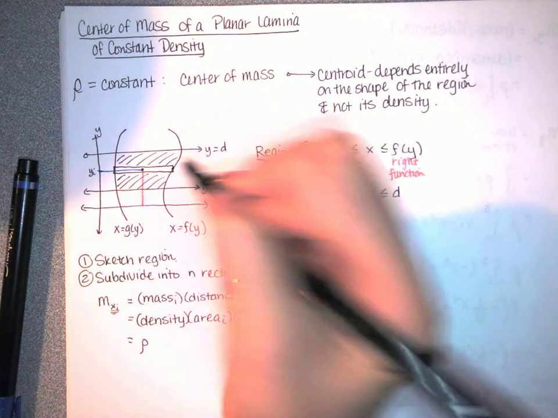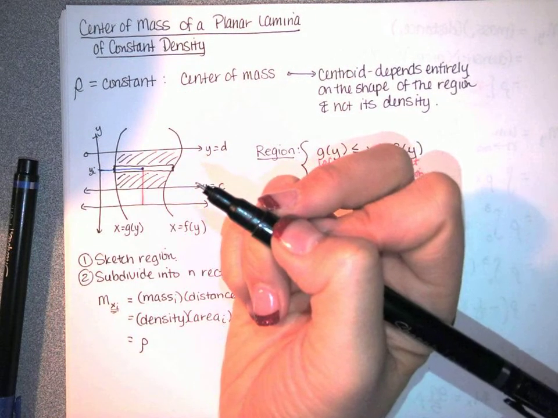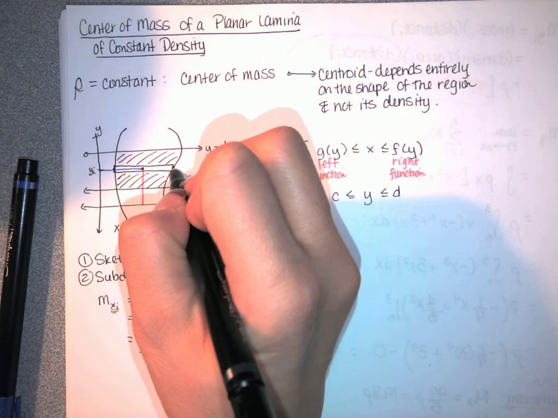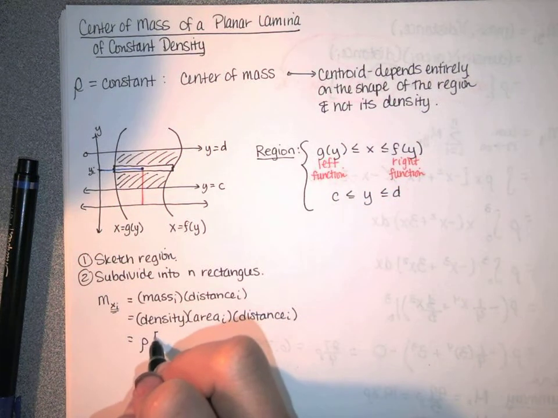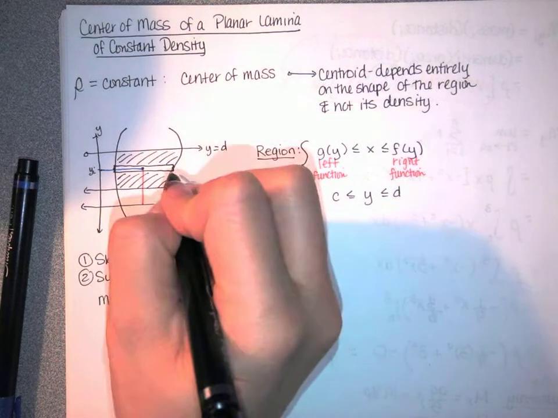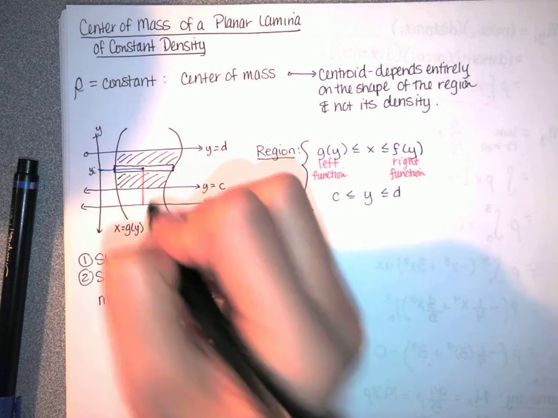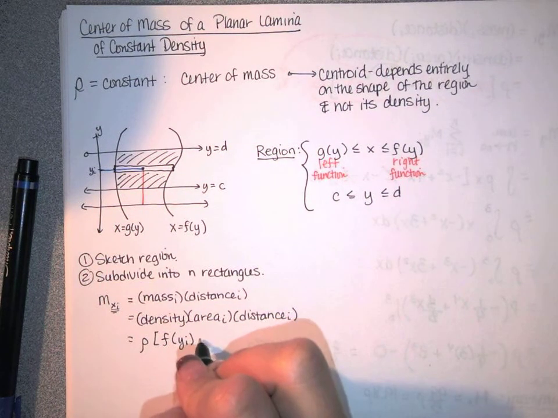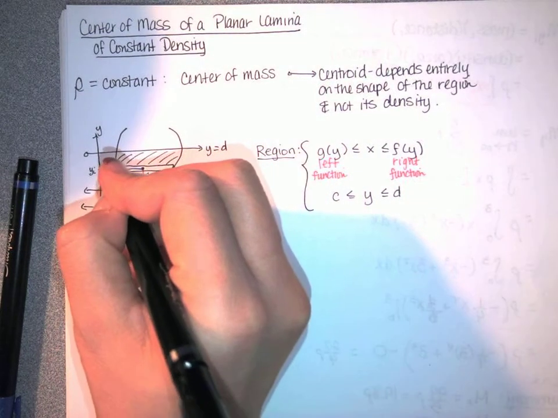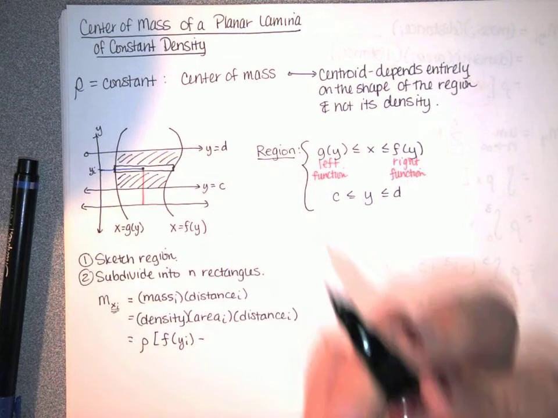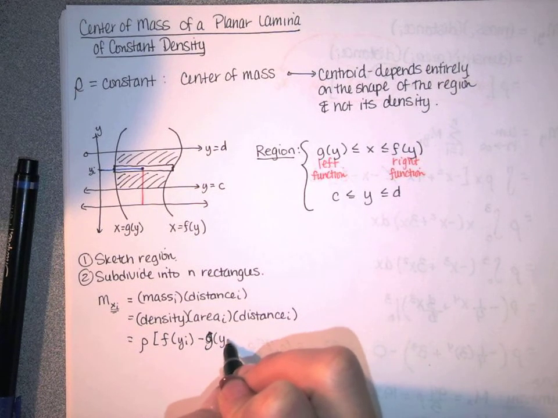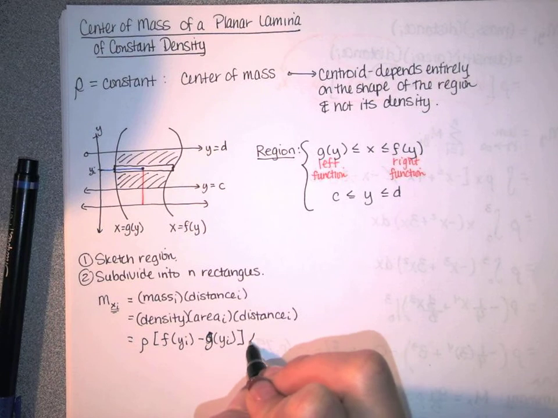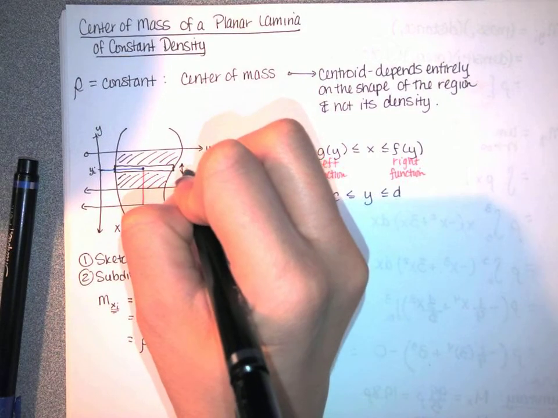We're going to evaluate the function there and this function there at y sub i. Well, this value of x is f of y sub i. So we're taking the x value on the right, and we're evaluating it at y sub i, and we're subtracting the x value on the left. So this is x right minus x left, g of y sub i. And we're multiplying that by delta y this time.